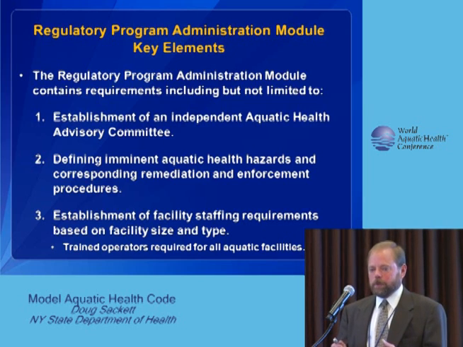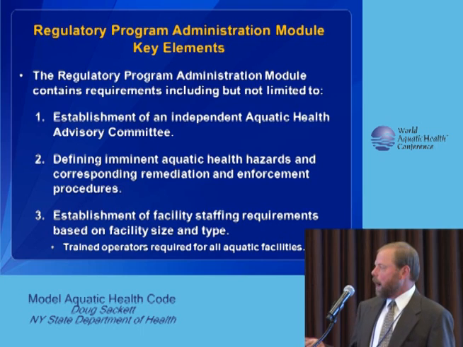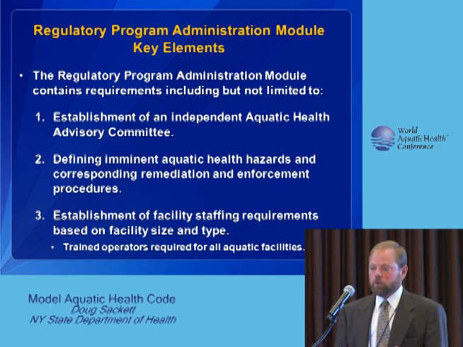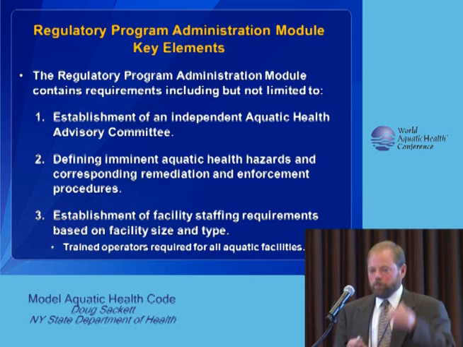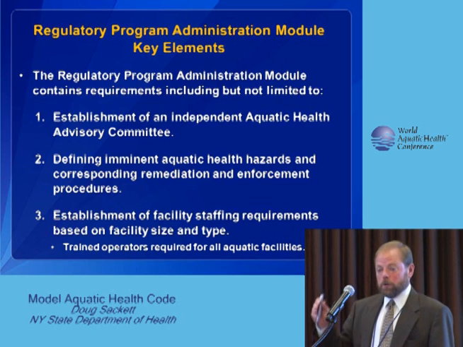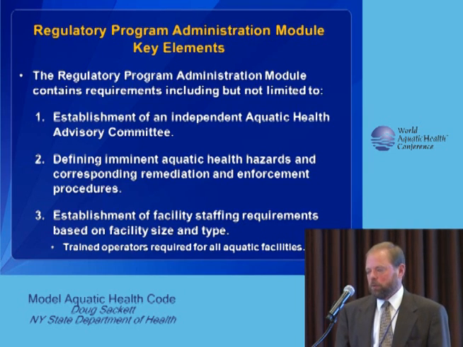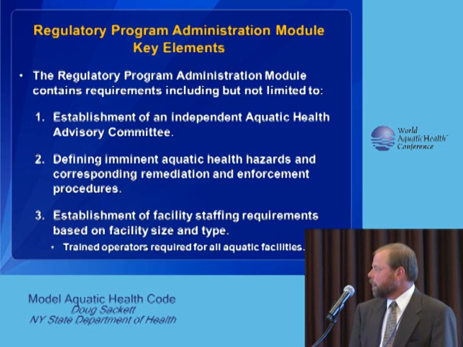That's an extreme, but those are conditions where the existence is likely to lead to injury. Those are highlighted, and those have to be taken care of. By putting them in the code, the operator is aware of what the critical items are, so hopefully they would never let them occur in the first place. And it's clear that if you find this, the pool or that portion of the pool is closed until the remediation, the correction, is made.